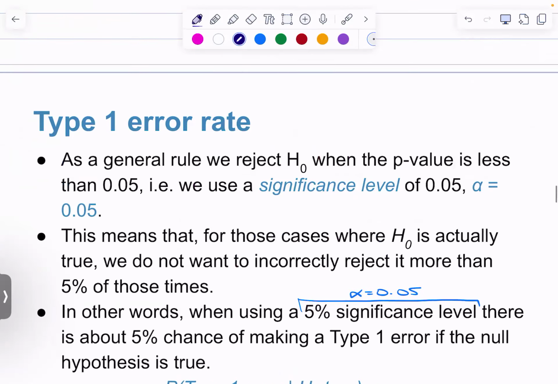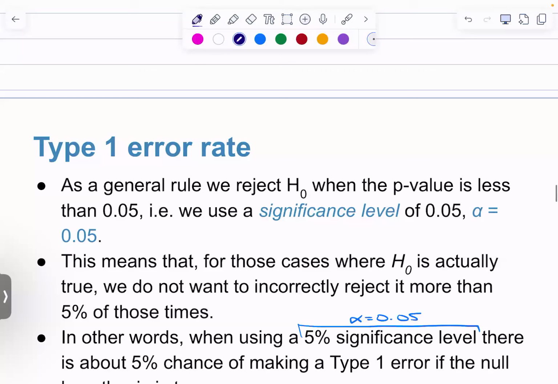I'm going to add just a quick note here. The one that I was kind of thinking about earlier: we usually can't control the type 2 error rate, which is why we're focusing on the type 1 error rate. That's our alpha level, right?